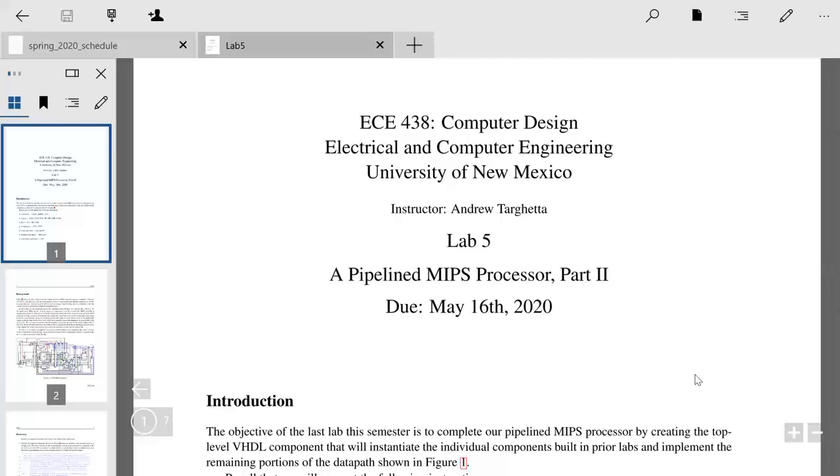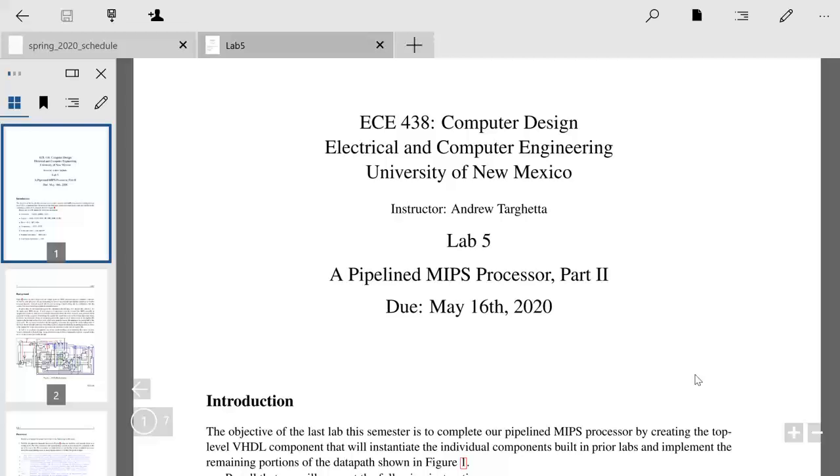Your individual components from the single cycle design should be working. You used the single cycle data path to test those, and now we'll combine that with the pipeline control unit and the forwarding unit, and describe a pipeline data path.